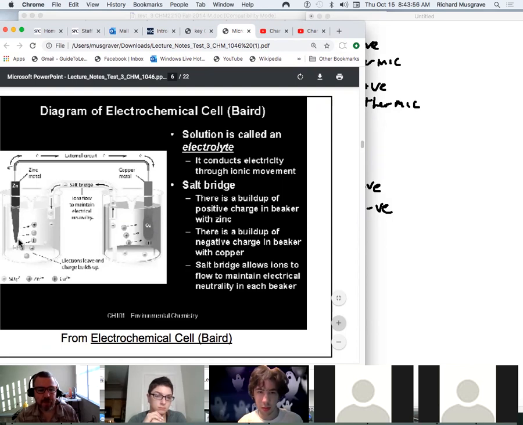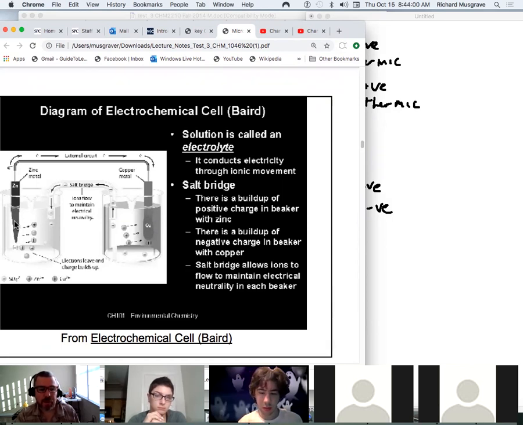That's indicating that the zinc is actually dissolving, going into the solution. Essentially, the zinc solid is turning into zinc 2 plus ions. So it's dissolving. That's an oxidation process. If you think about oxidation as being rusting, that's what happens when things rust. They waste away, they dissolve, right?